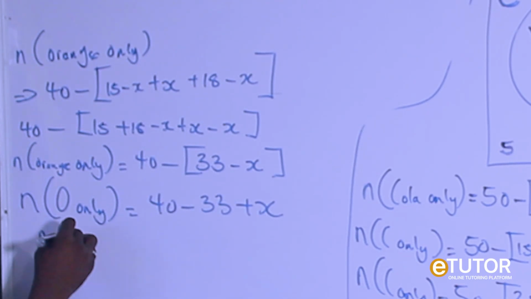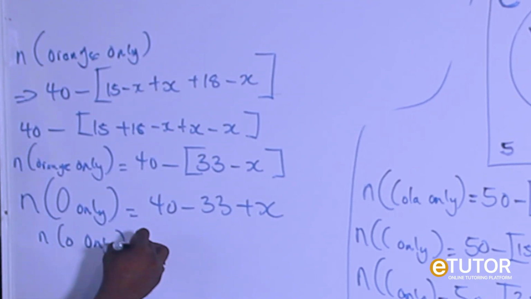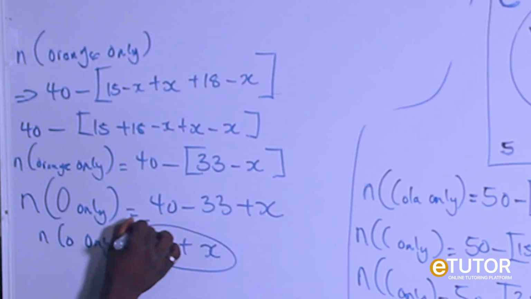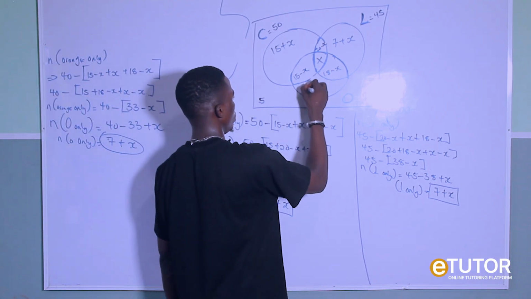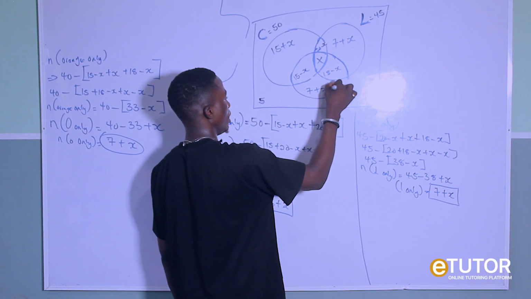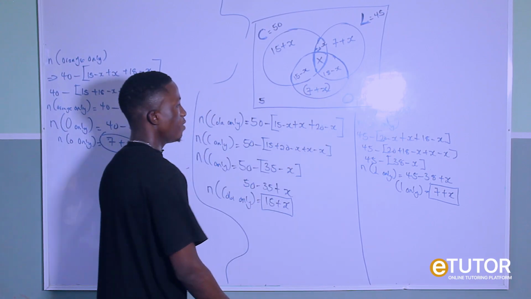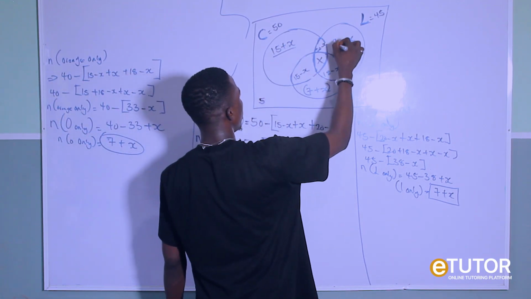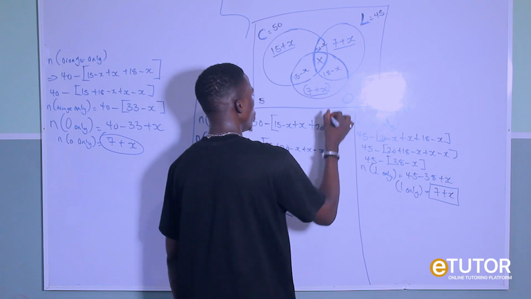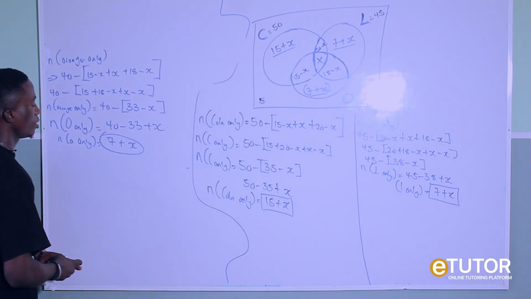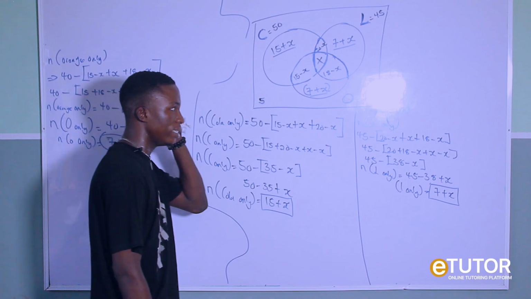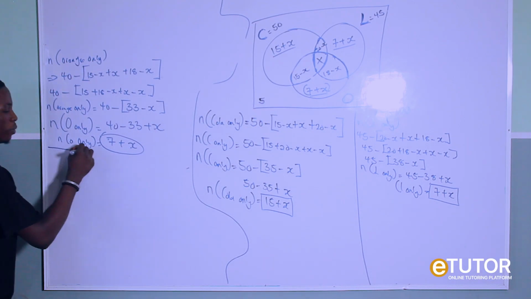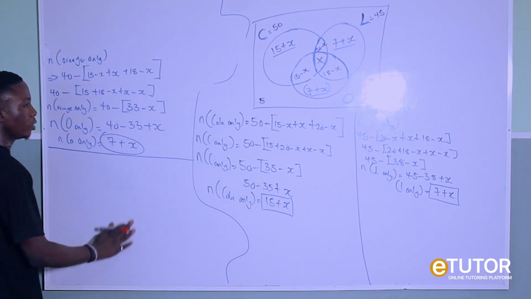So my n(O only) is equal to 7 plus x. So the value of this portion is 7 plus x. So we have found the number of people that liked Coca-Cola only, people that liked lemonade only, people that liked orange only. The next thing to do now is, we have all the instruments needed to find the value of x. So let us find the value of x, which is the number of people that liked all 3 drinks.